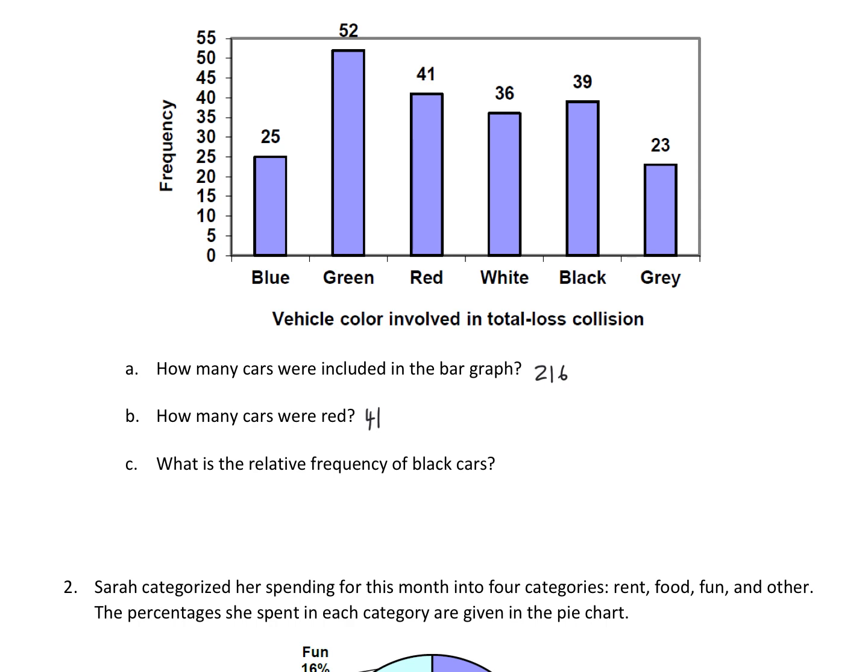So we're going to take the number of black cars, so that's 39, and divide it by the total, 216. So 39 divided by 216. If we want the percentage, we can.